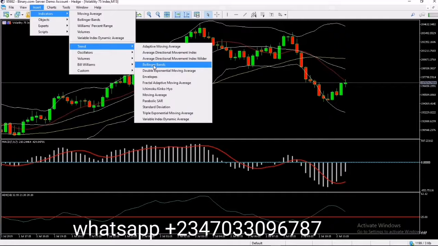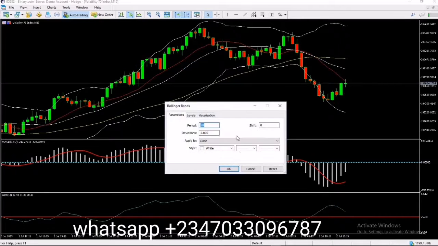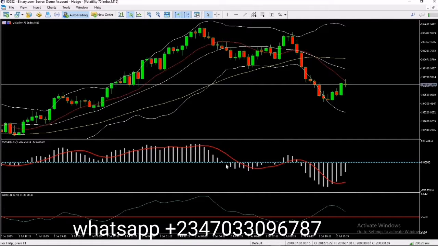Once you click on it, it brings you to this window. All you have to do is choose the color of the Bollinger Band you want. I decided to use white, so you choose white and click OK. I've already added it to mine, so I don't need to add it again. That's why I cancelled.